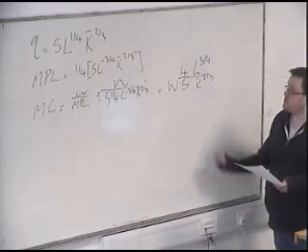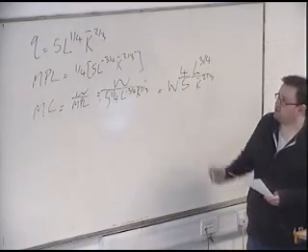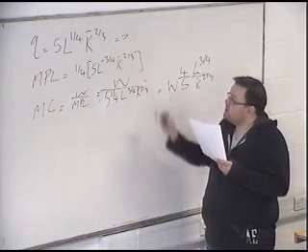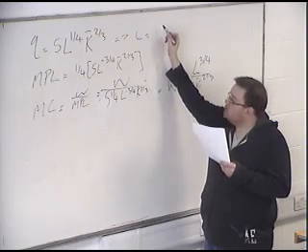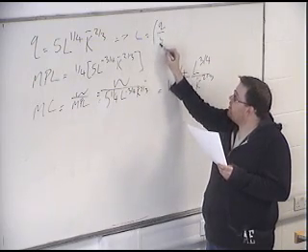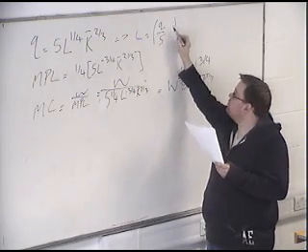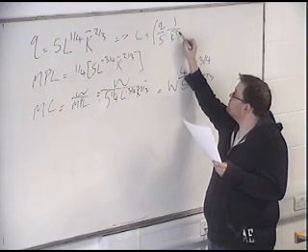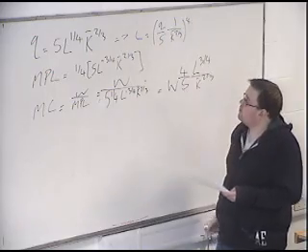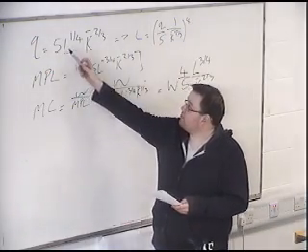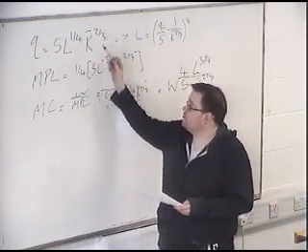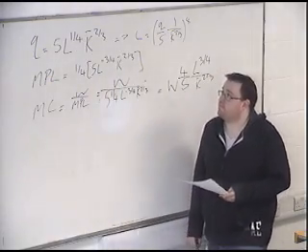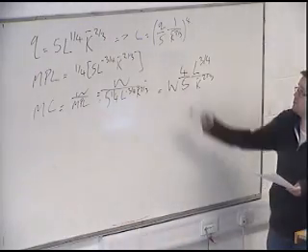So then the last step, as in the other ones, was just to get rid of this L and put in something in terms of Q. So we can rewrite this as L is equal to Q over 5 times 1 over K bar to the 2/3, all to the power of 4. So you just divide across by 5 K bar to the 2/3. That gives you L is equal to some mess, and then raise everything to the power of 4.